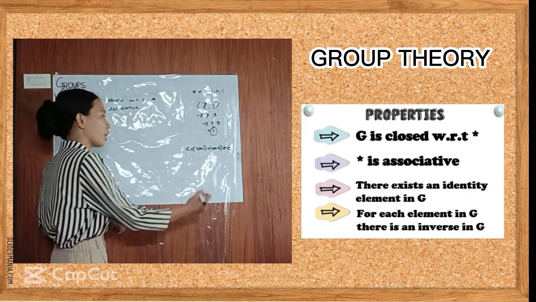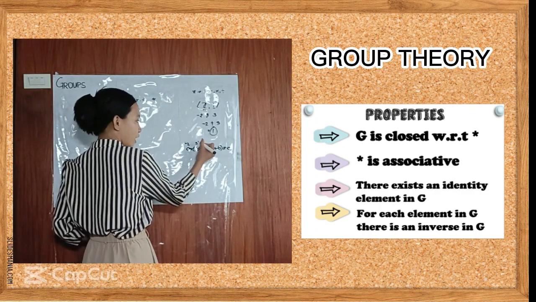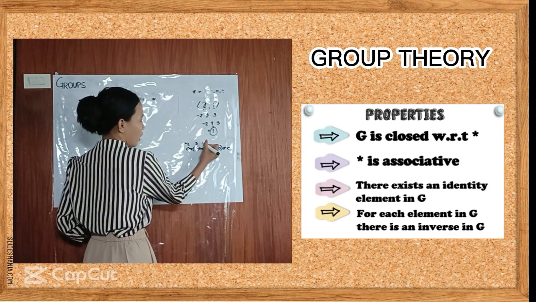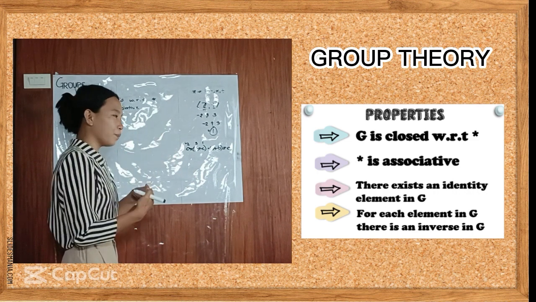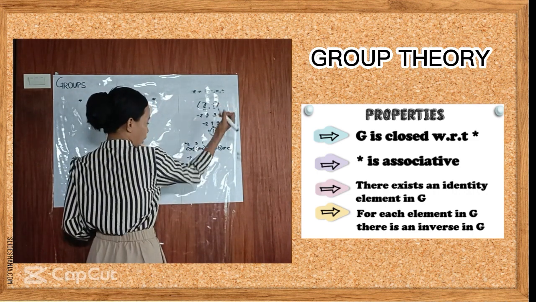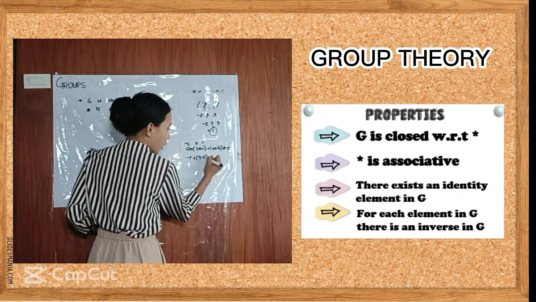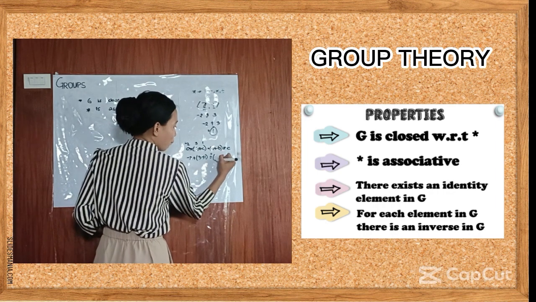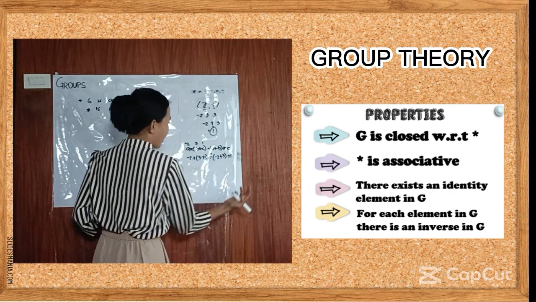Let A be -2, B is 3, and C is, let's say, 1. Let's just substitute: -2 plus 3 plus 1 equals -2 plus 3 plus 1.